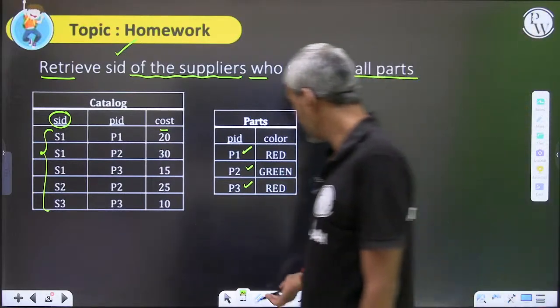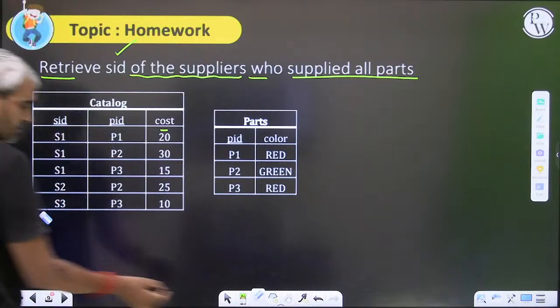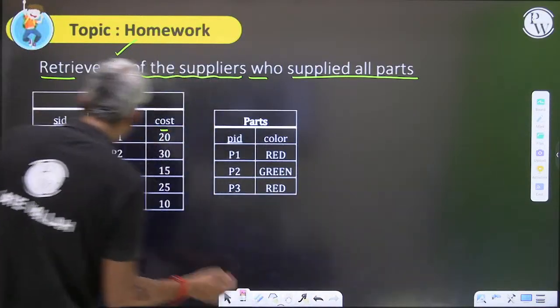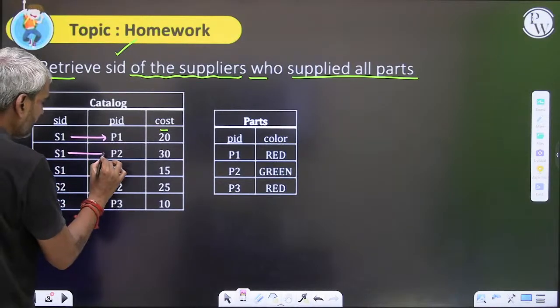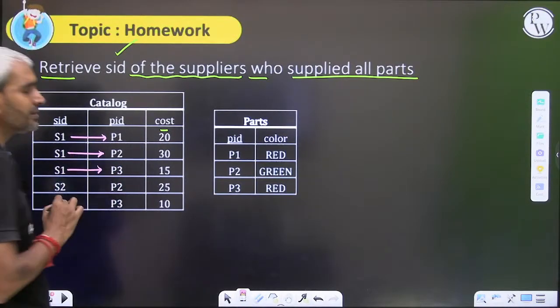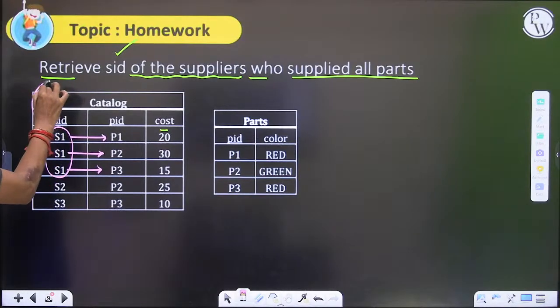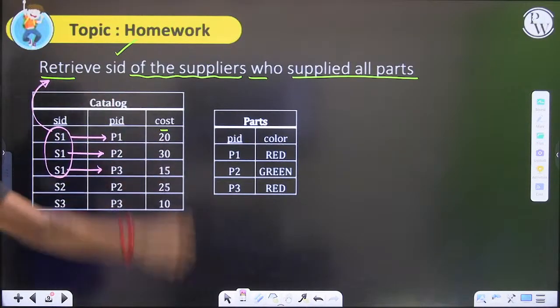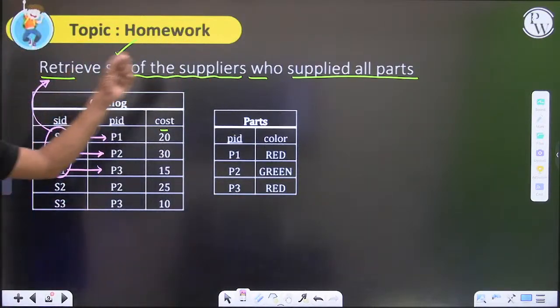Let's look at this carefully. Supplier S1 has supplied part P1, supplier S1 has supplied part P2, supplier S1 has supplied part P3 as well. Therefore, this supplier ID S1 must get selected when we write the query, right? So we need to retrieve the SID of the supplier who supplied all parts.